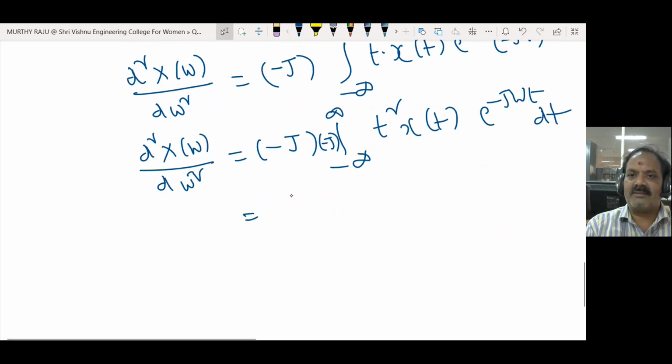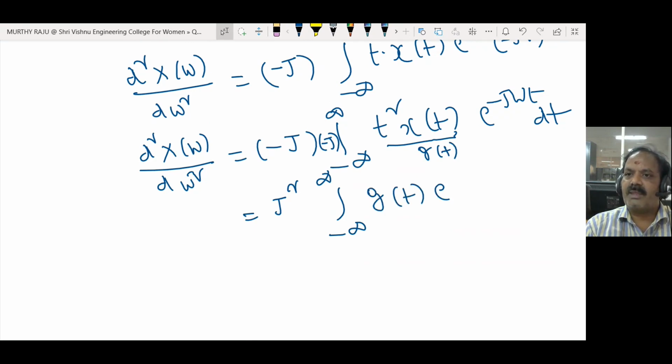Here minus into minus is plus, j into j square, the integral from minus infinity to plus infinity, let it be g of t e power minus j omega t dt.